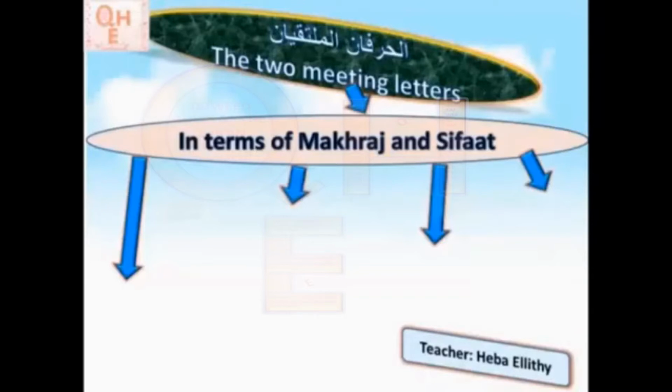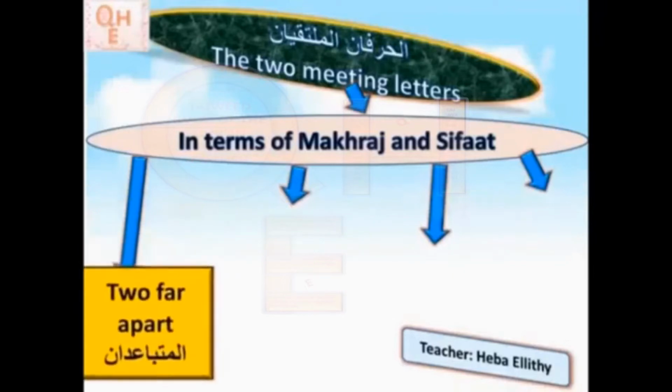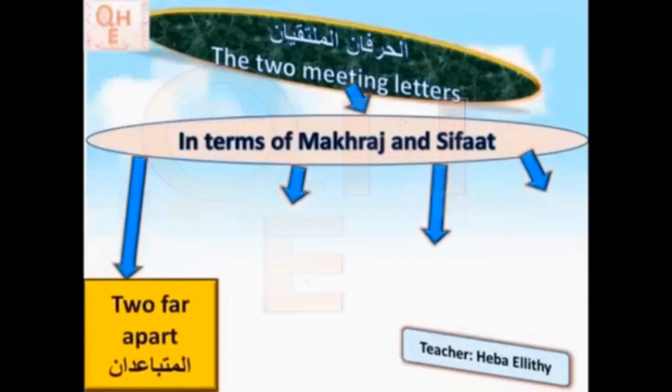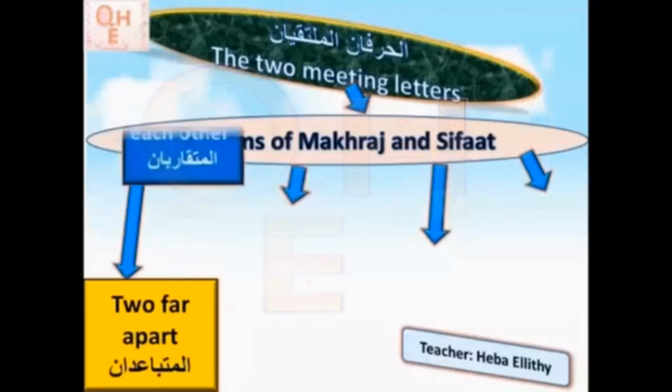We said we have two ways to look at it. The first way is how the makhraj and the sifa are between the two meeting letters I have. If it's too far apart, المتباعدان, the two articulation points are very far, we didn't explain it yet.